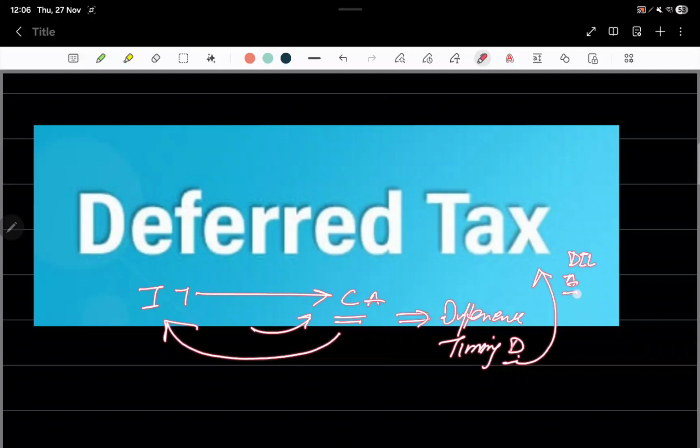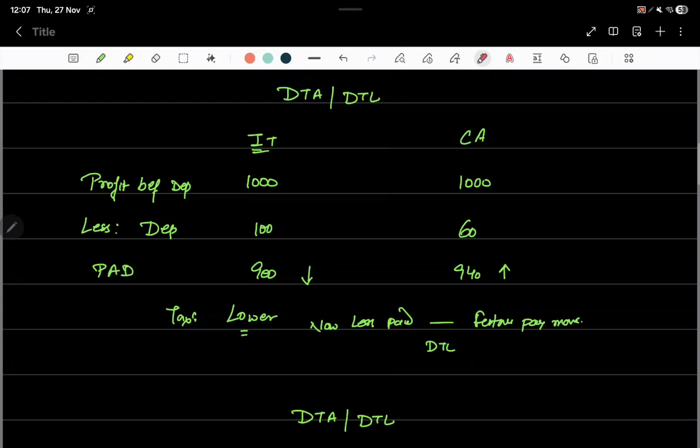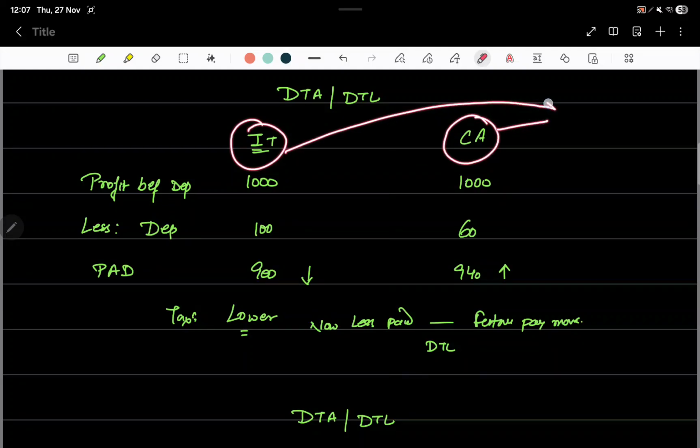Let us understand first what is the main reason for this timing difference. See, Income Tax and Companies Act, these two acts have their own rules and regulations which are applicable to companies incorporated in India.